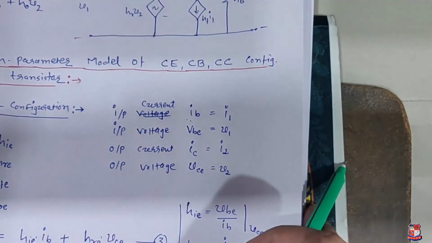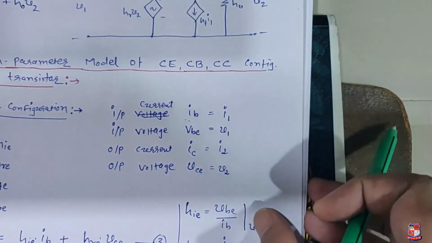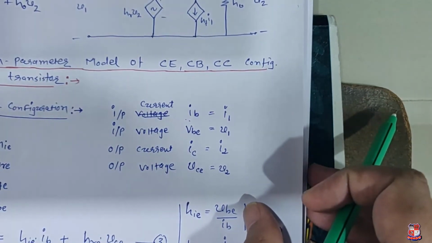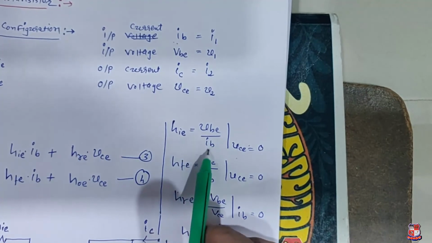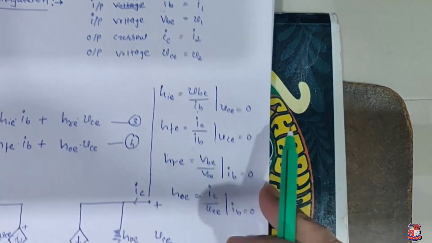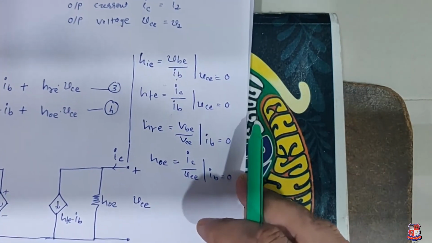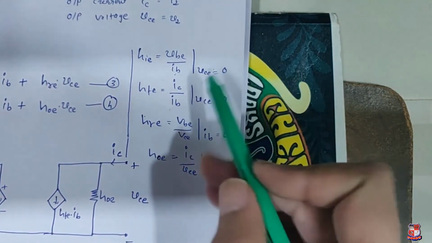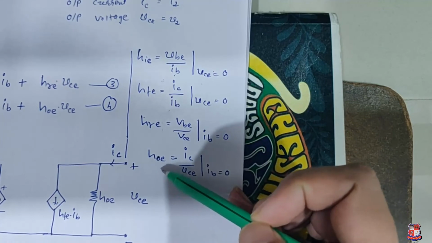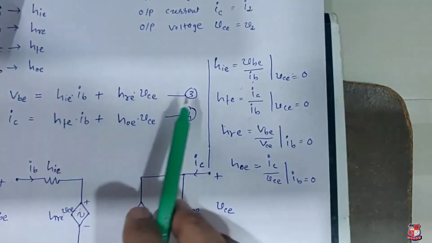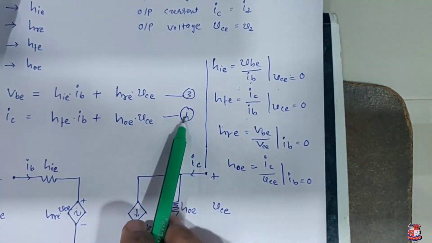So this is similar to the 2-port parameter circuit which we have derived the equation, but here the suffixes are different. Okay, so you have to take care about only this, and you can easily derive the 4 equations of H parameter equivalent value from the equation number 3 and 4.